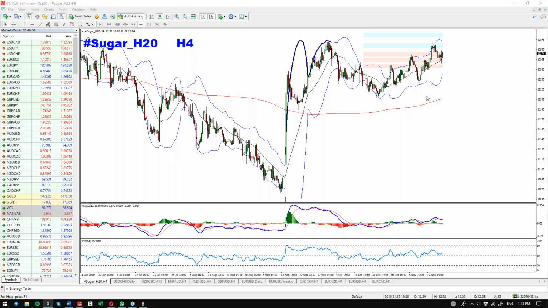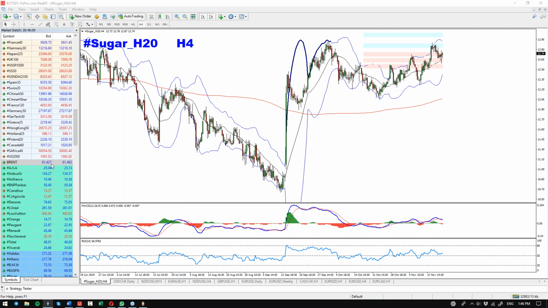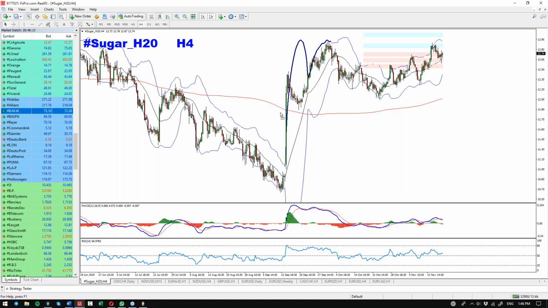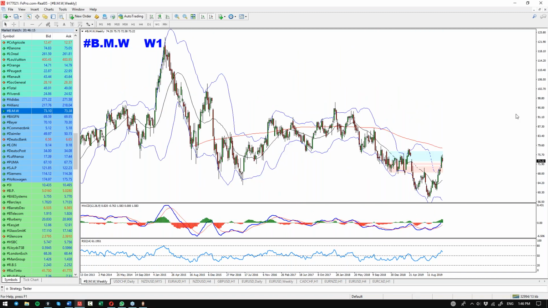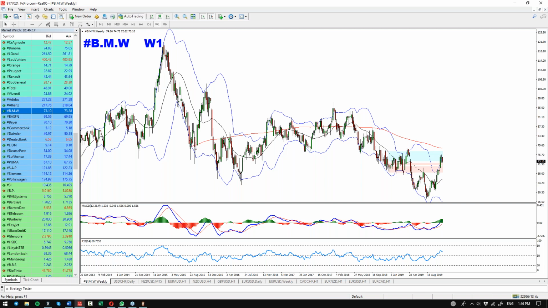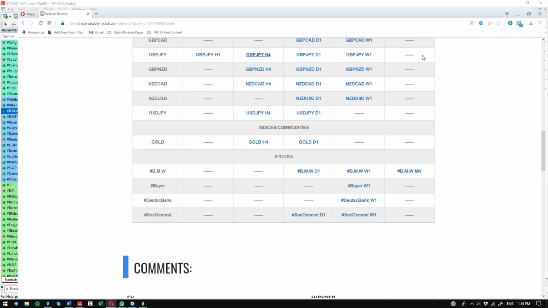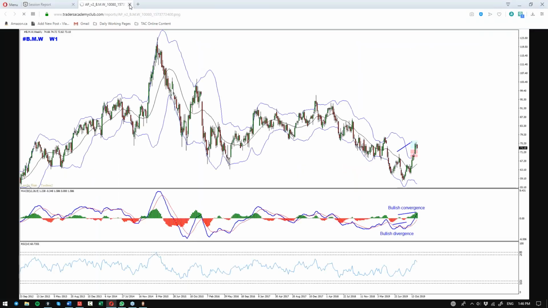And stocks and cryptos. So we have the BMW, which we are looking to trade. BMW, where did it disappear? The German, here we go. So BMW, you can also see that in the report, right?